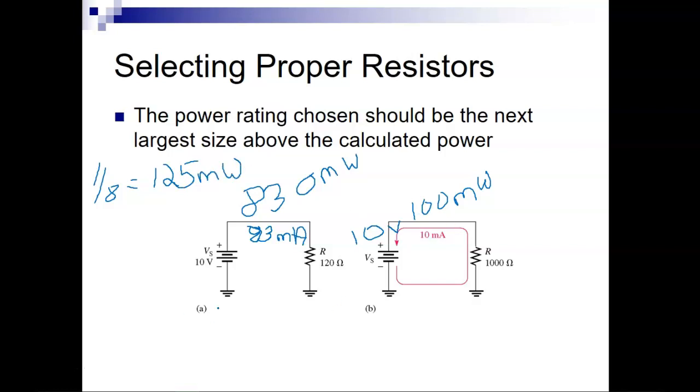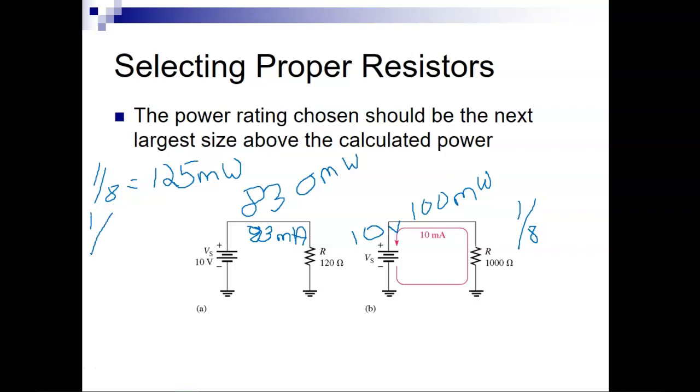Now, will A or B go into 125 milliwatts? The answer would be B. You could use a 1/8 of a watt here. Could you use it in A? No, it'd be too small, right? Blow it out.